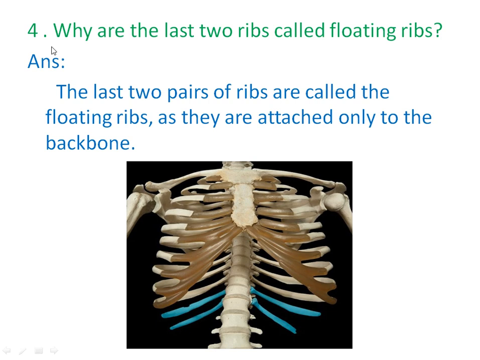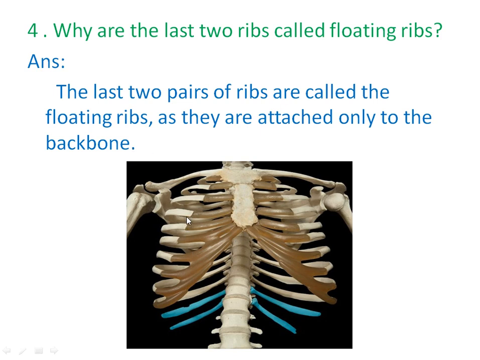Fourth question. Why are the last two ribs called floating ribs? Answer is, the last two pairs of ribs are called the floating ribs as they are attached only to the backbone.